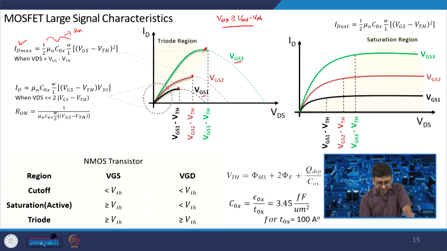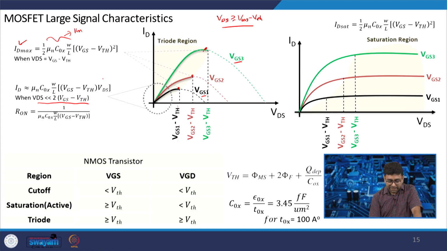Now, when VDS is less than VGS minus VTH, it is in the triode region, because your current is a linear function of voltage.